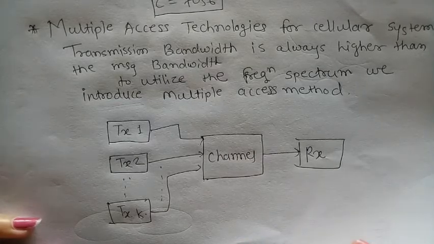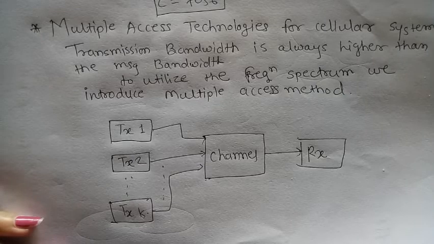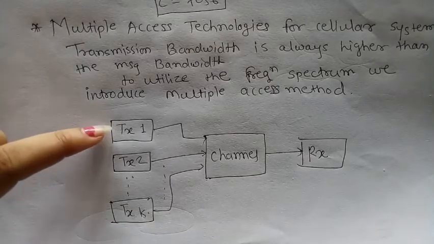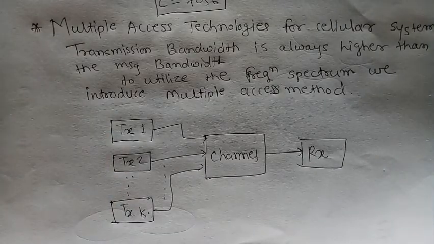The main concept of multiple access is that a cellular system consists of many users that will share the bandwidth. The ability of the system to carry many signals, like the first, second and n number of signals, at the same time.